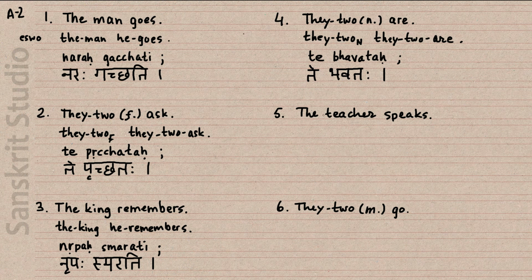Now in 5 the teacher speaks, so we're grouping the noun and the article, and we are clarifying the verb. He speaks. The vocabulary of this lesson is acharya. So that fits well, acharya.